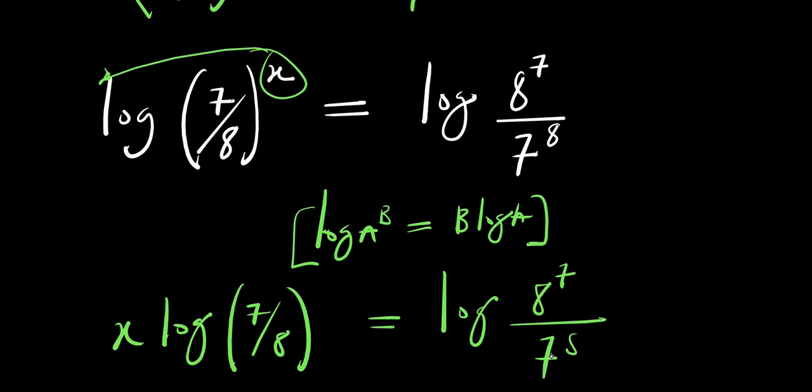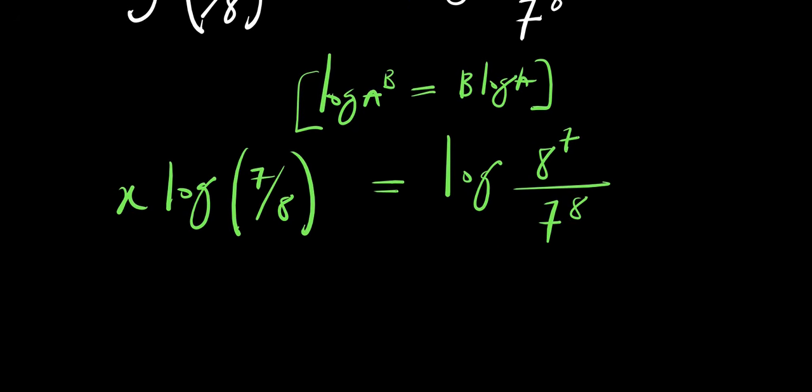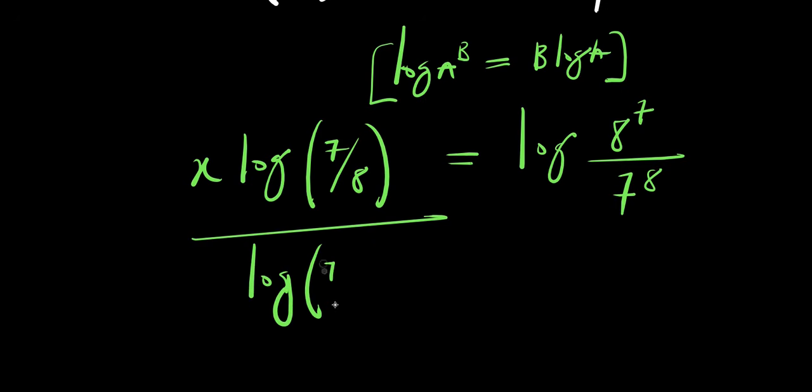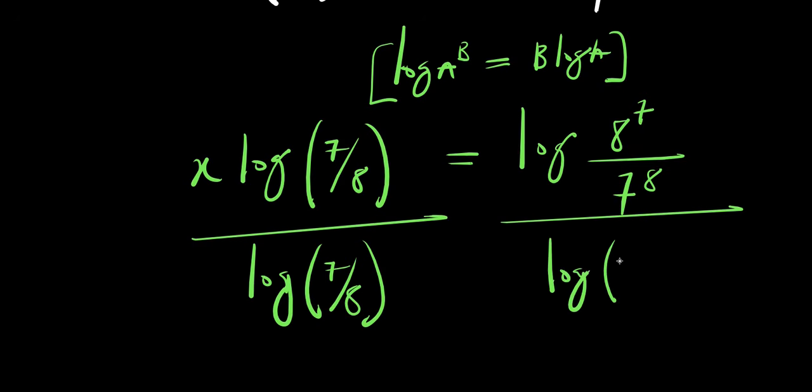So from here, what we can do is divide each part of this equation by log 7 divided by 8. We also divide this by log 7 divided by 8. So what happens here is that this cancels this.